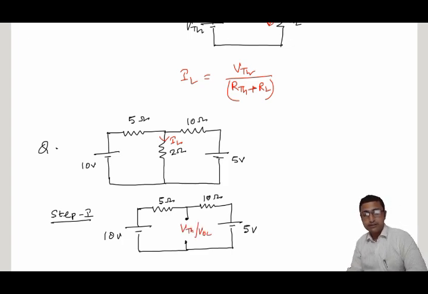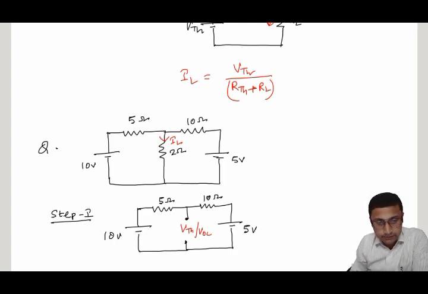Now we have to measure the Thevenin equivalent voltage across this open circuit terminal, the open circuit voltage VOC. If we simply apply the KVL equation here, the current is flowing from this 10 volt source, so it is plus, this is minus. Across this 5 ohm resistance, this side is positive, this side is negative, and across the 10 ohm, this side is positive, this side is negative, and here the 5 volt is present.